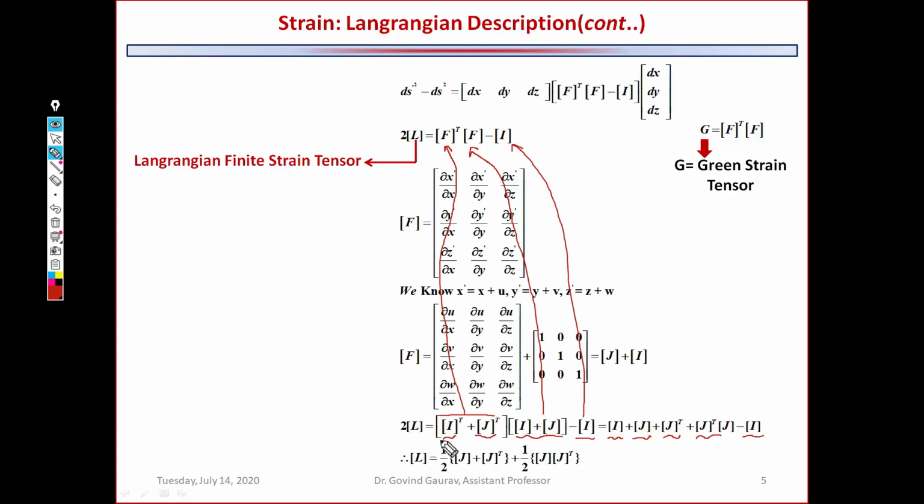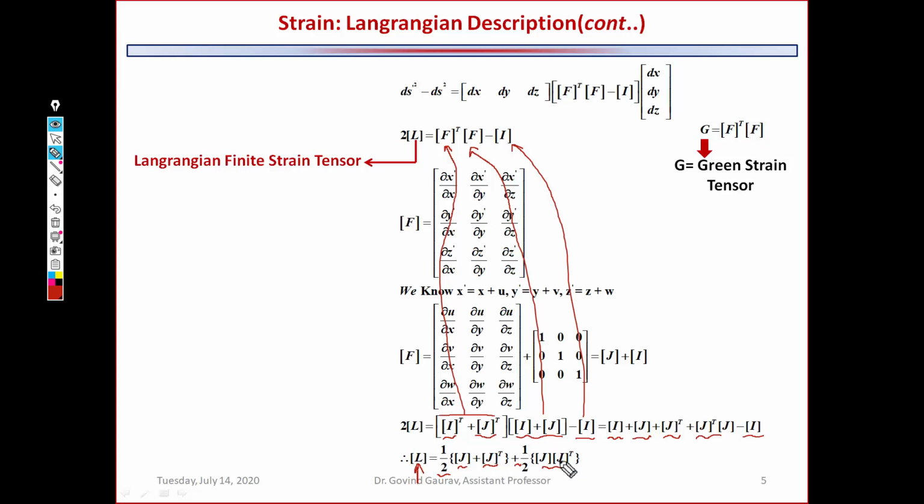Now we will rearrange these terms, and finally we will get the Lagrangian definition for the strain, represented by the letter L, known as the Lagrangian finite strain tensor. It will give us 1 by 2 multiplied by J plus J transpose, plus 1 by 2 multiplied by J into J transpose.